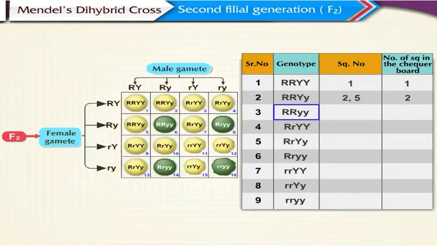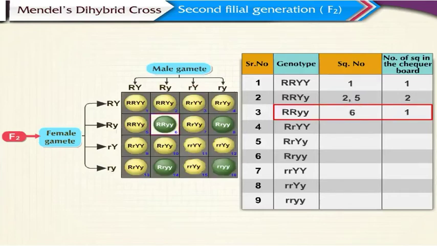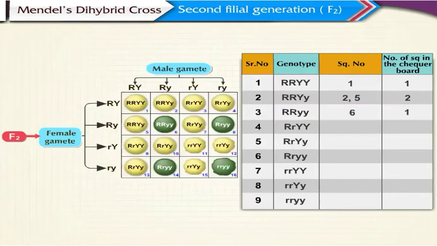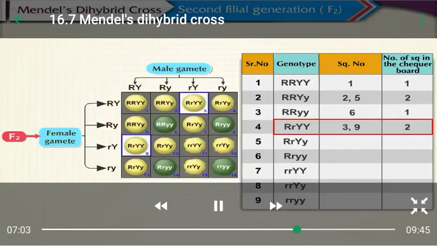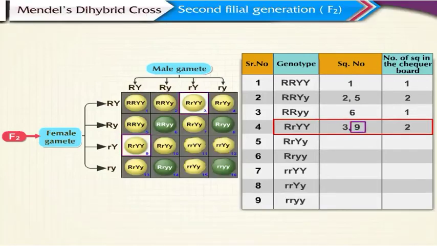Genotype R, small y is observed in 1 square in the checkerboard numbered 6. Genotype R, small r, Y is observed in 2 squares in the checkerboard numbered 3 and 9.